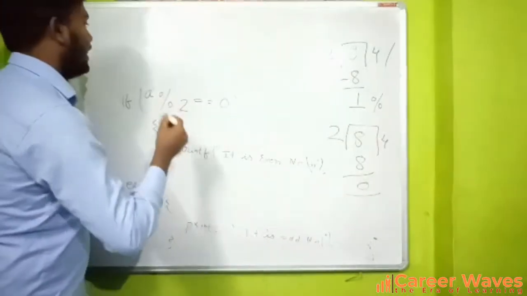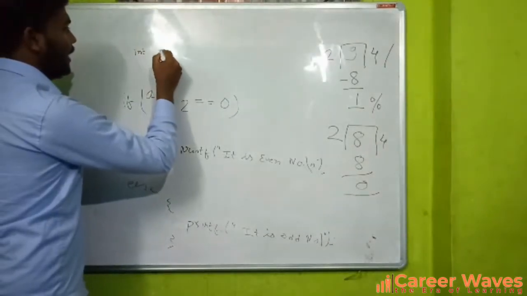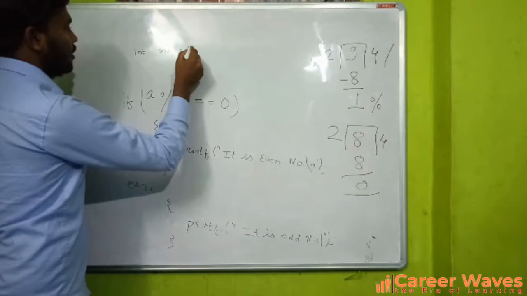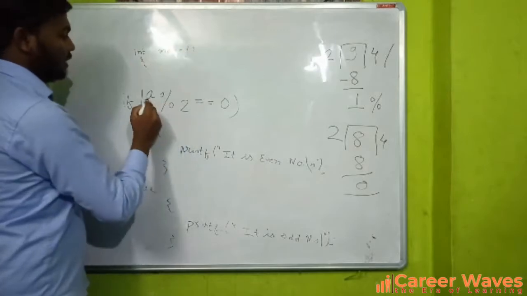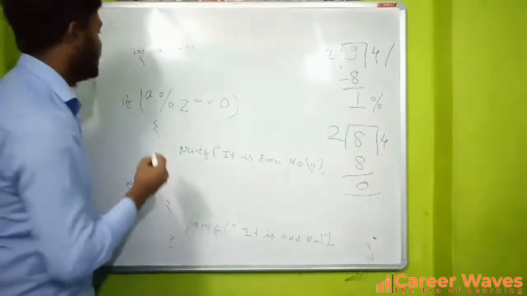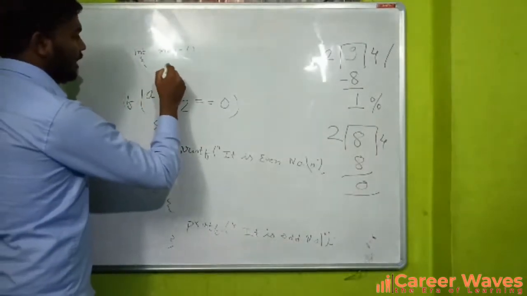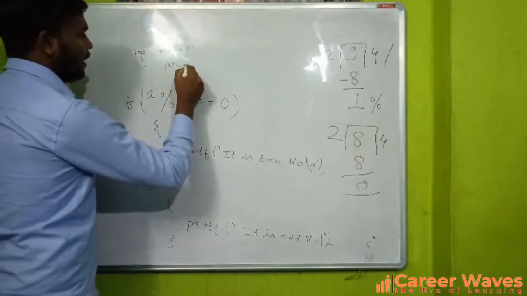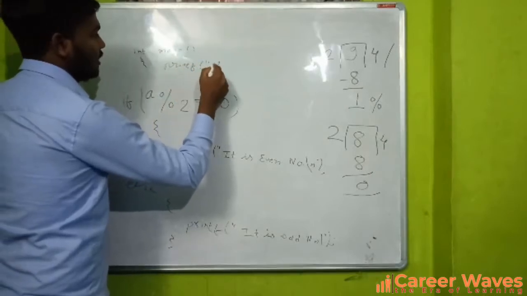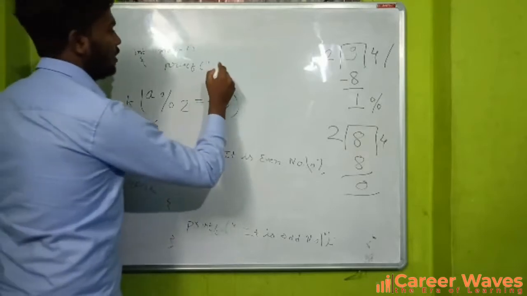Now we have to include the main function also. Let us write the main function, int main. Since a will be given by the user, let us include the scanf function. For scanf we should also write printf, percentage d, which will ask the user to enter the number.